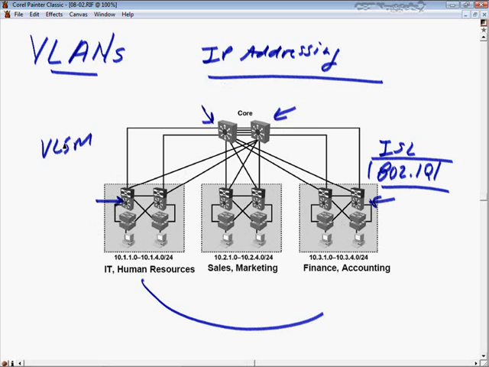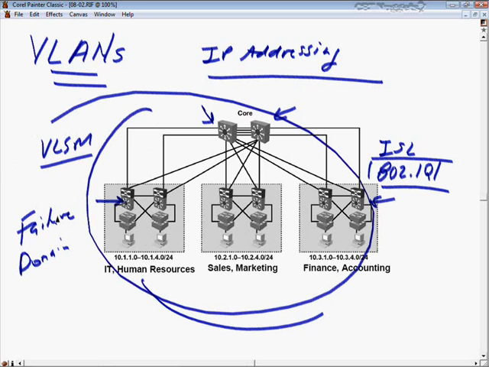By doing this and using this tight IP addressing scheme with VLANs, we can also create what are called failure domains. All right? If I have a problem where I have to troubleshoot, it's easier to isolate that down into individual VLANs or subnetworks instead of having to troubleshoot the entire organization.